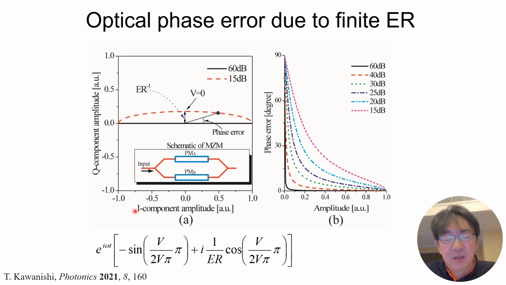Here is a simple expression, the relationship between the extinction ratio and the optical output. And here are some graphs, the phase error versus the amplitude. If the extinction ratio is 60 dB, the phase error is almost 0.